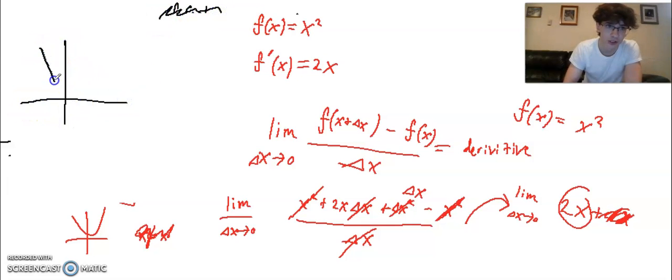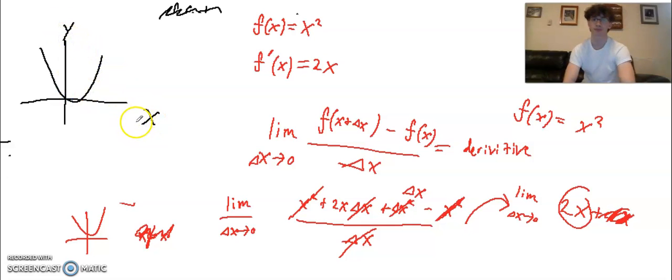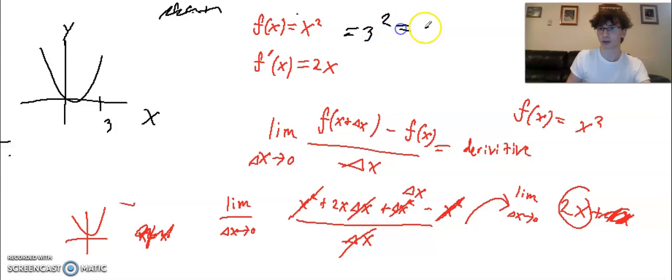So let's also get rid of this. So we have our function x squared, we have x here, y here. So let's just think of x equals 3. We'll say this is 3 right here. Well, if we want to find what f of x equals when x equals 3, well, we just plug in 3 here. We get 3 squared equals 9.